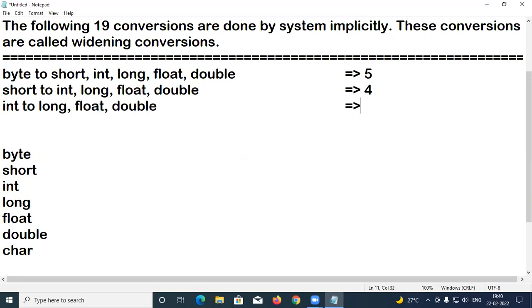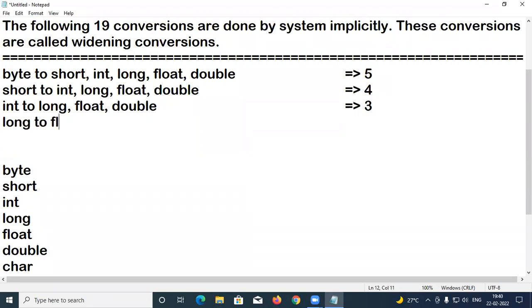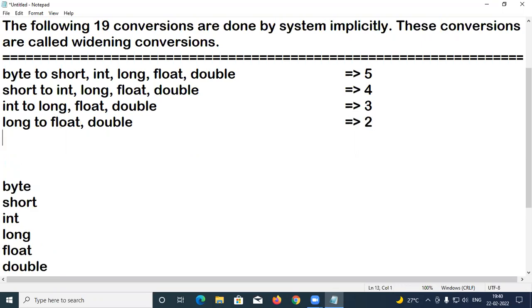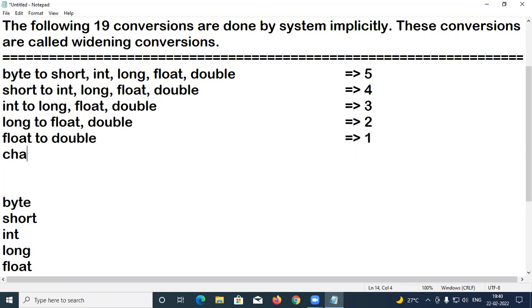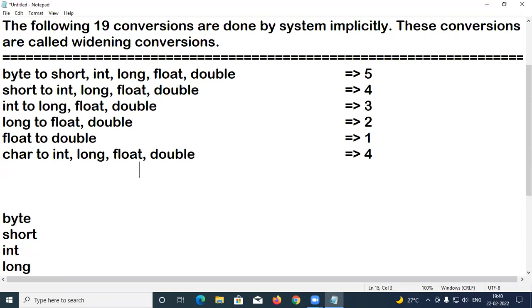How many? 3. Next, long to float, long to double. How many? 2. Next, float to double. How many? 1. Now, character to integer onwards: int, long, float, double. How many? 4.